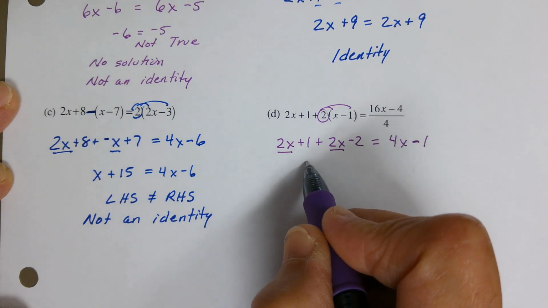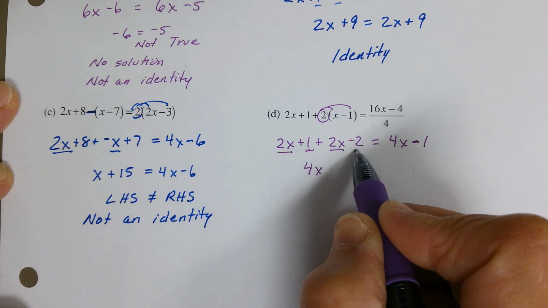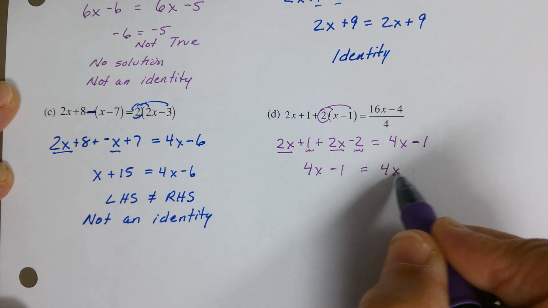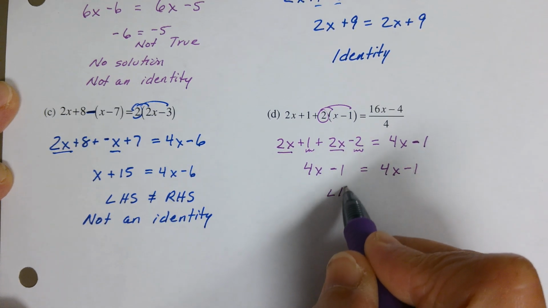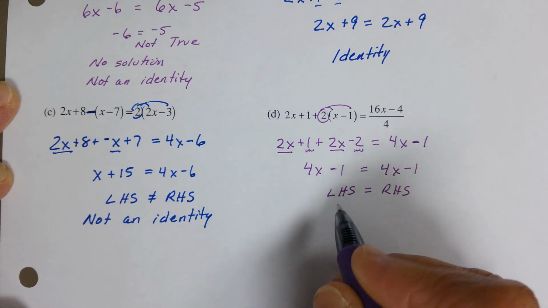Combining our x terms on the left-hand side, 4x, and combining 1 and negative 2 is negative 1. So the left-hand side equals the right-hand side. It's identical to it. So this is an identity.